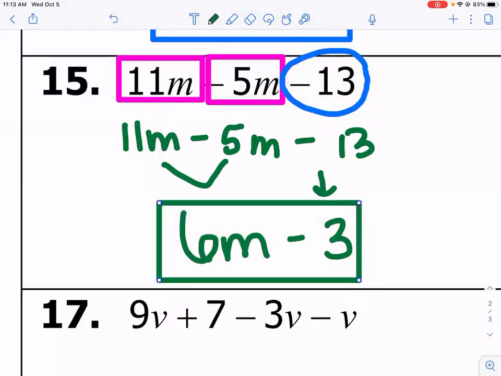Learning opportunity: if we didn't add it to something, just bring it down and it stays the same, when there's something to add it.